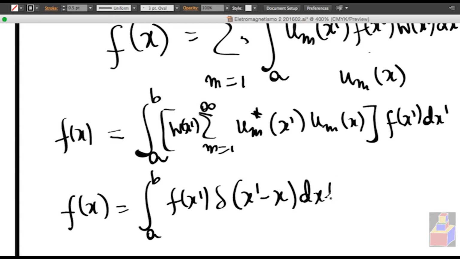This is a unique property. There's only one function that can reproduce the function by doing this integral, which is the Dirac delta function. It means that this thing here is the Dirac delta function. It's the same relationship. There's only one function that can do that.